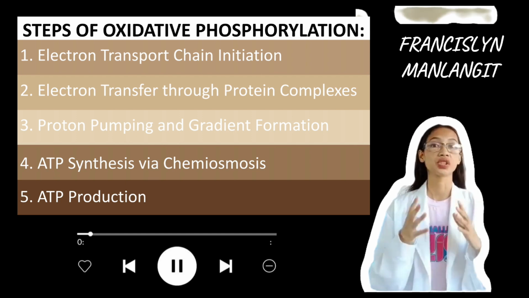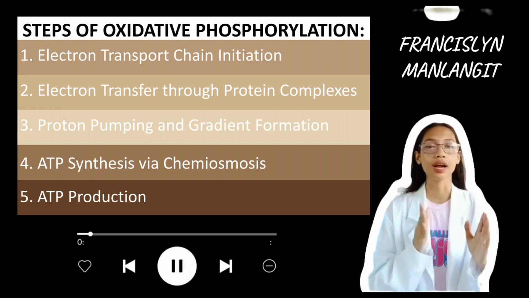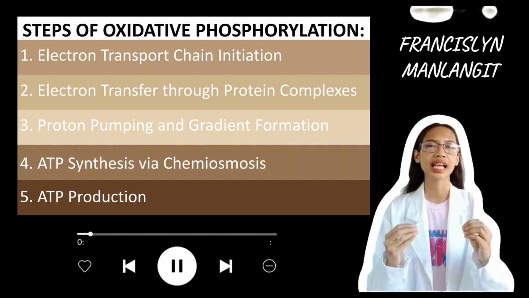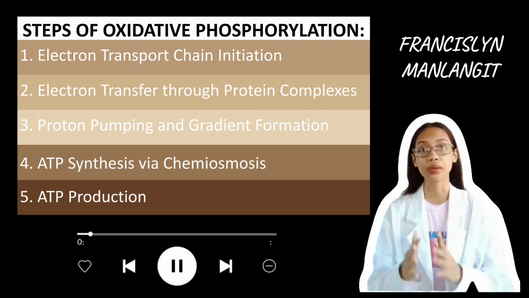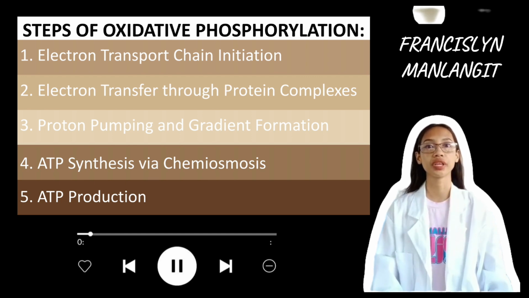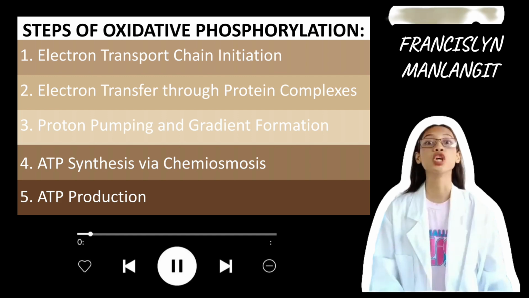This is like a starting point along the journey where electrons are passed from one molecule to another. The electrons are first transferred to protein complex 1 in the inner mitochondrial membrane. This kickstarts the flow of electrons through the chain.